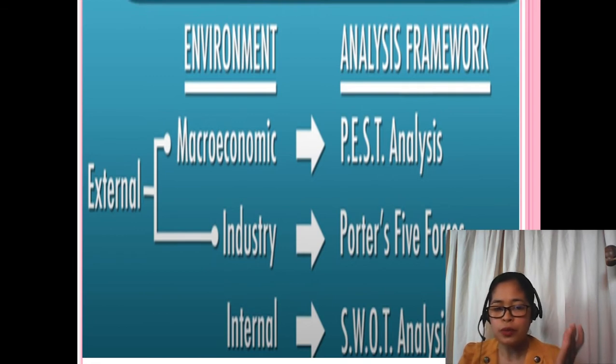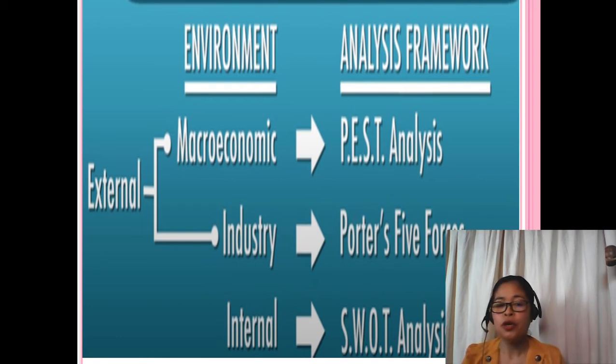So when we talk about the macroeconomic environment, we use the PEST analysis or the PESTEL analysis. We will be discussing that later on. Another external environment is the industry environment. It consists of our competitors, our suppliers, and our customers.